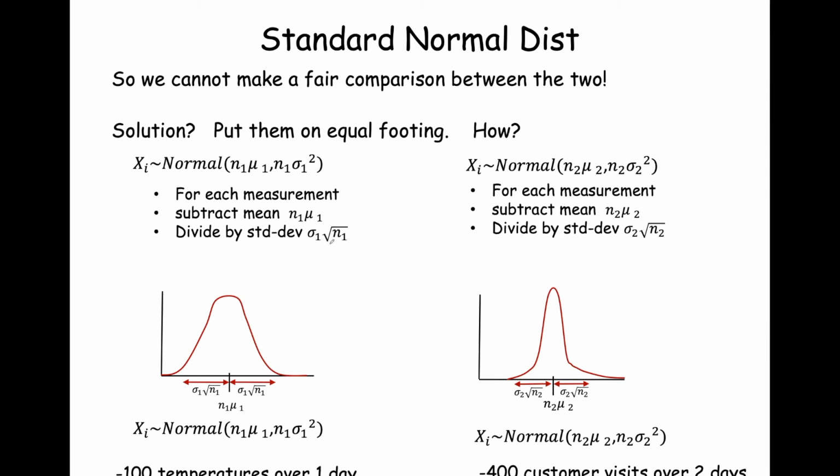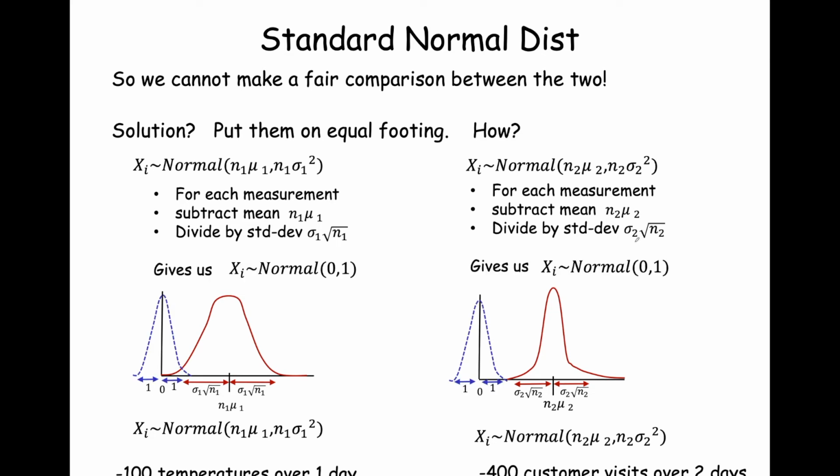We take those results and we divide them by the standard deviation, which is just the square root of the variance. So in the case of the left-hand normal cast distribution, we divide each measurement by sigma 1 times radical n1. And then for the second normal cast distribution, we divide each one by sigma 2 times radical n2.